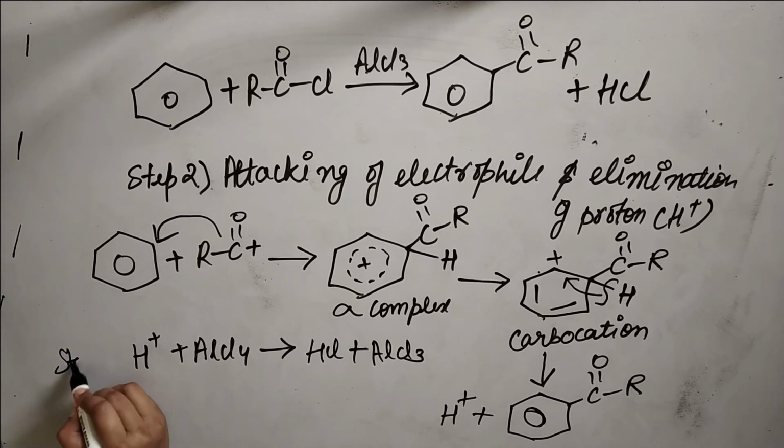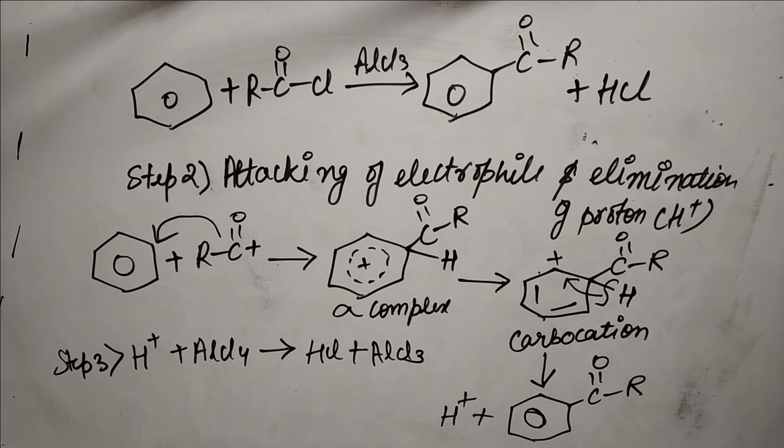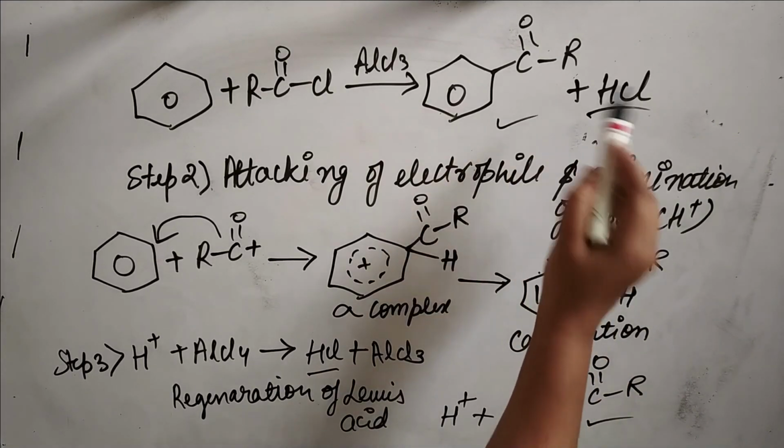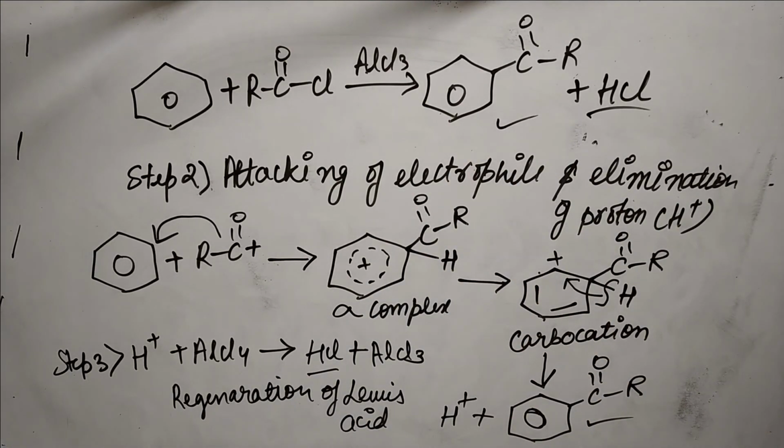That is, in step 3 the regeneration of the Lewis acid takes place. Here you can see the elimination of HCl and the formation of the Friedel-Crafts acylated product. So this is the overall reaction mechanism of the Friedel-Crafts acylation reaction.